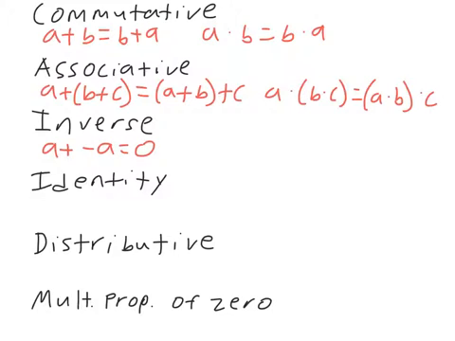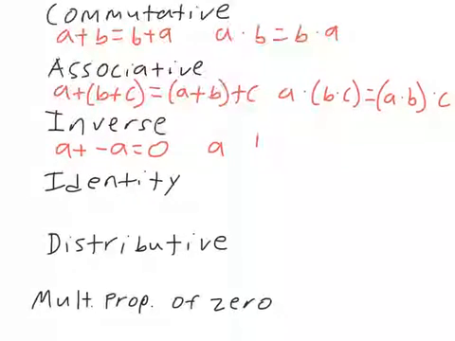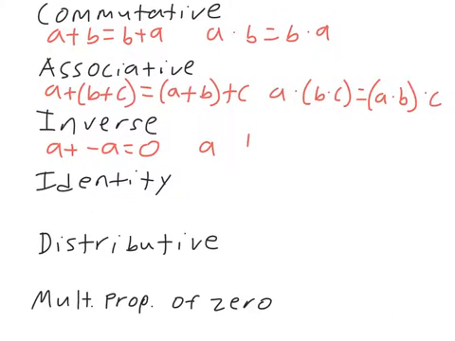If you're talking about multiplication, and you had a number A, the opposite of that is 1 over A. So if you multiplied those two together, you would get 1.